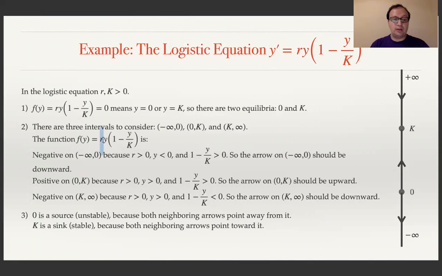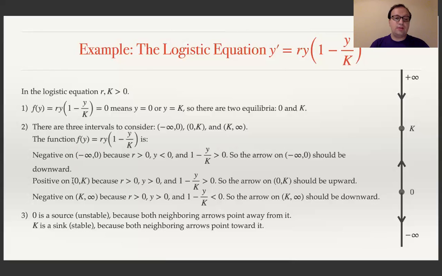So r is positive, y is negative because it's in the interval minus infinity 0, and 1 minus y over k is 1 minus a negative number, so it's again positive. So we have positive times negative times positive, therefore the product is negative. So the arrow should be downward.